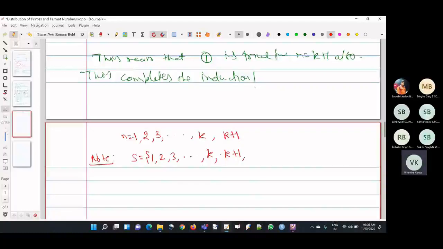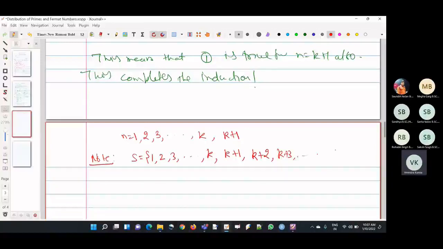And then since we assumed that this is true for k, and then we are assuming that this is also true for k plus 1. So certainly, because this result is true for k plus 1, the result is going to be true for k plus 2, and hence for k plus 3, and this will continue, okay?